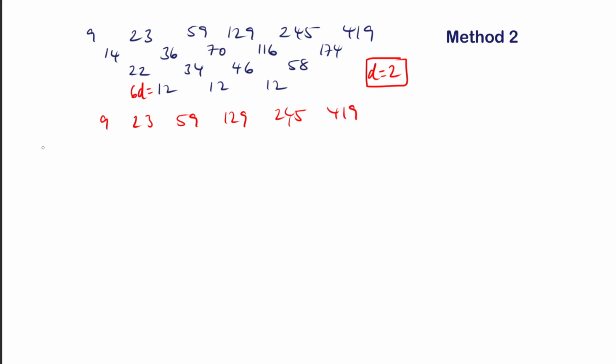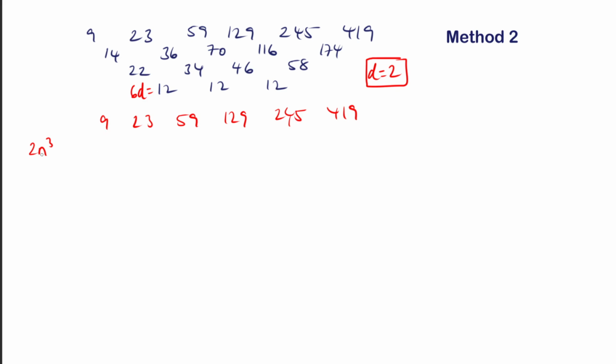Now, because we know that the formula has D equals 2 in it, in other words, there's 2n cubed, we're going to work out 2n cubed. And because we know that's part of the formula, we're going to write this underneath and subtract it to see what's missing.